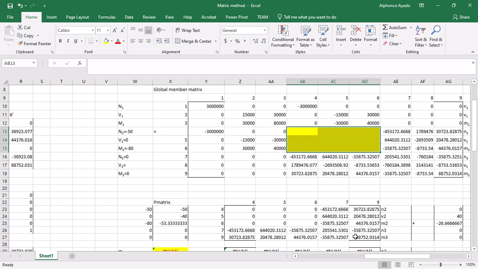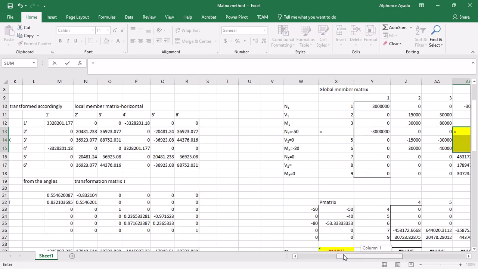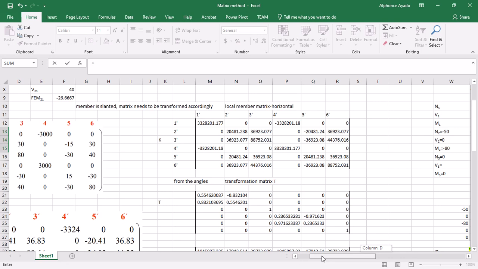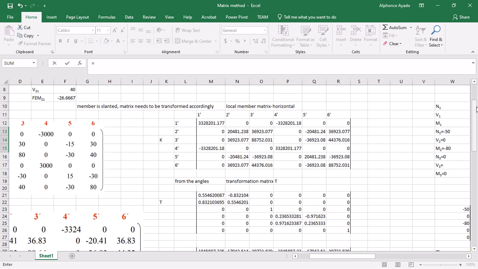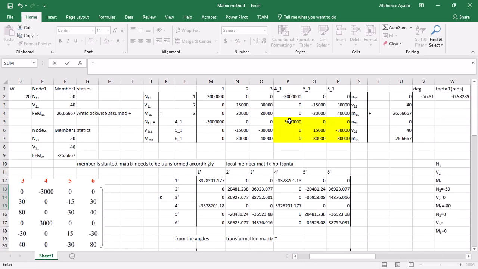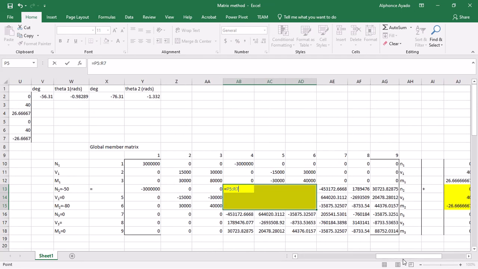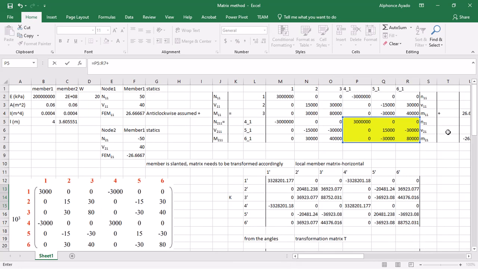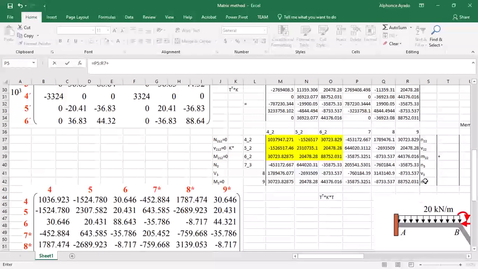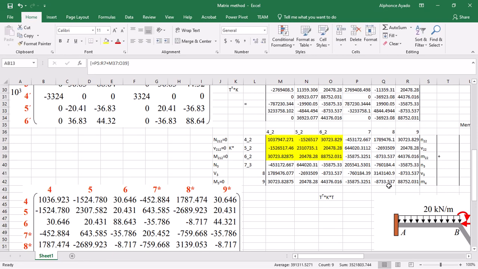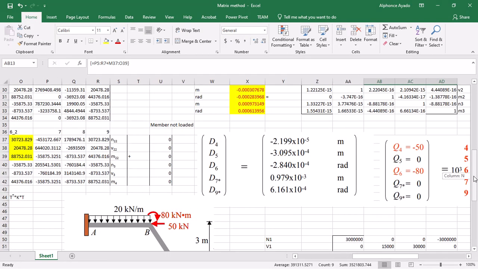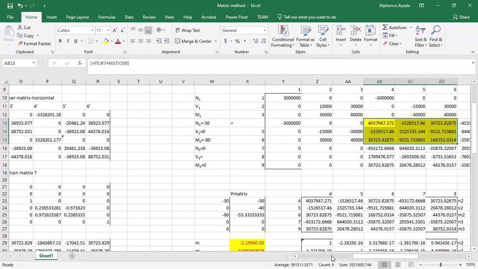This overlapping part equals this part, that part, that part plus this part. Control Shift and Enter, then you should be fine.